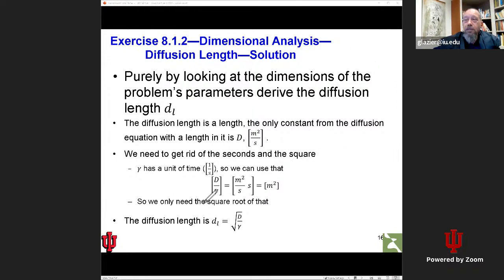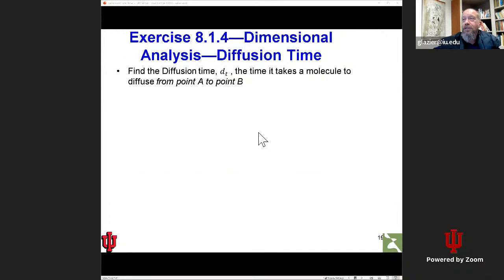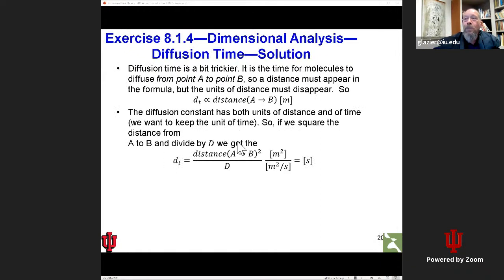That's exactly right. So I'm asking for the diffusion time. The time it takes to go from A to B, the distance here, I called it L, has units of time.